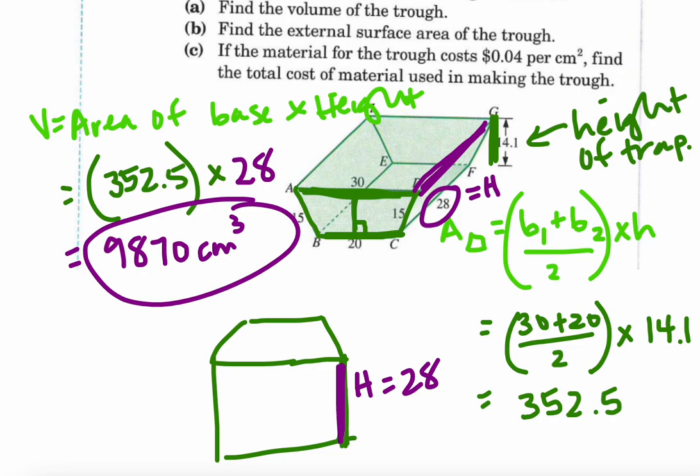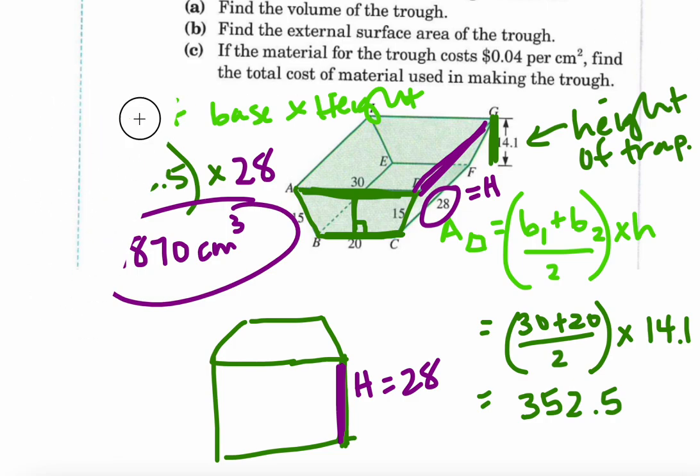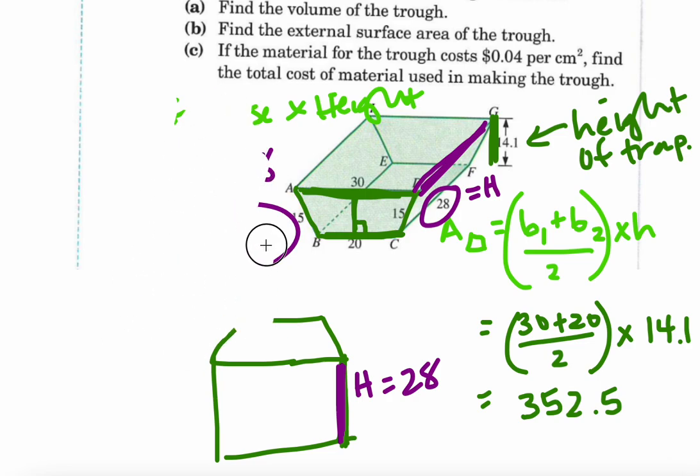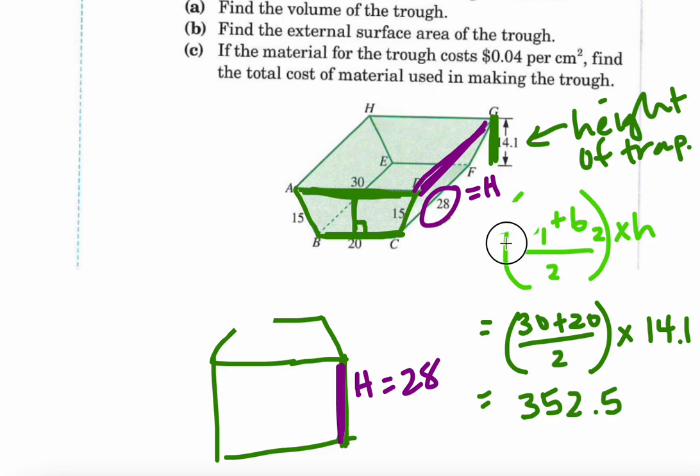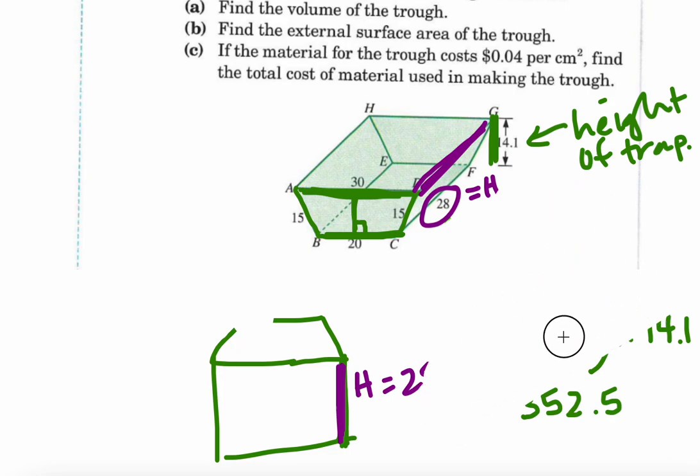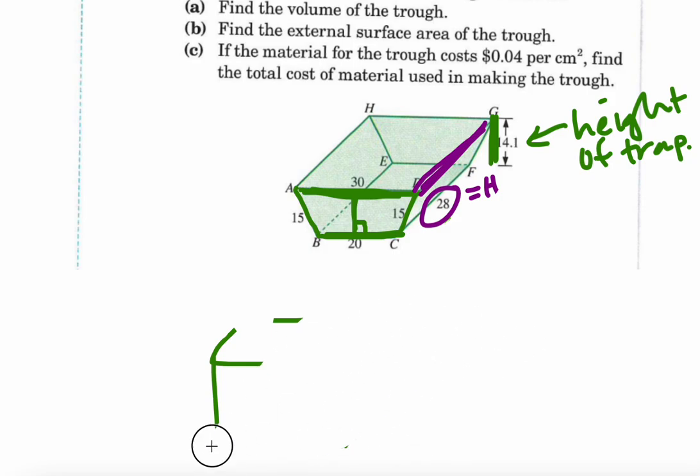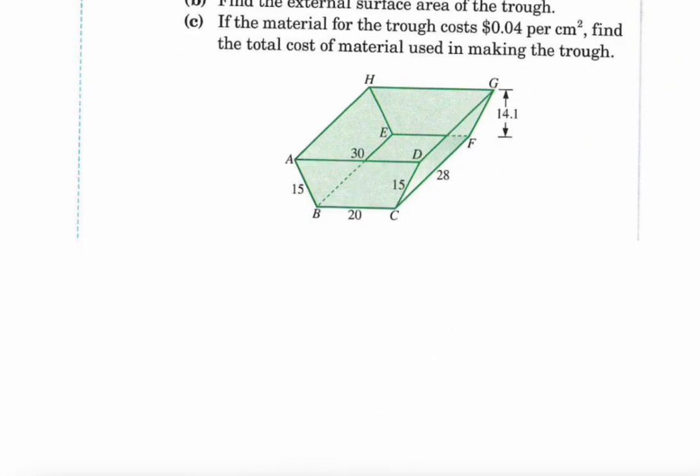Okay, let's move on to B. B is asking for the surface area. So surface area, if you remember, that's the one that has the perimeter, right? Because in order to figure out the length of the biggest rectangle that we're going to make when we look at its net, you're going to need to add up all the sides of the base.